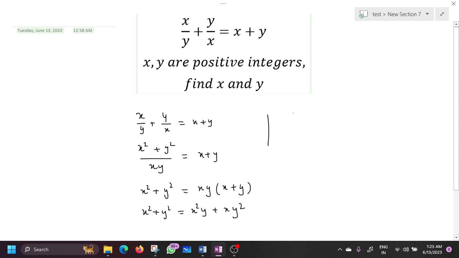Now take everything on one side: x square plus y square minus x square y minus xy square equal to 0.